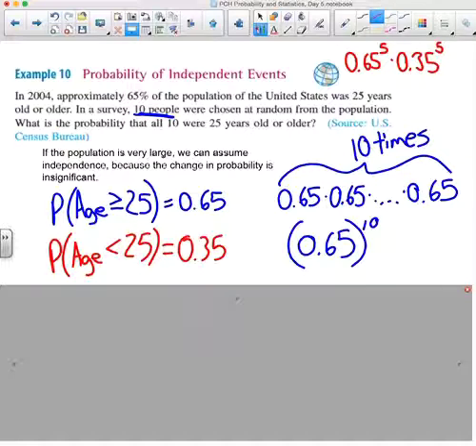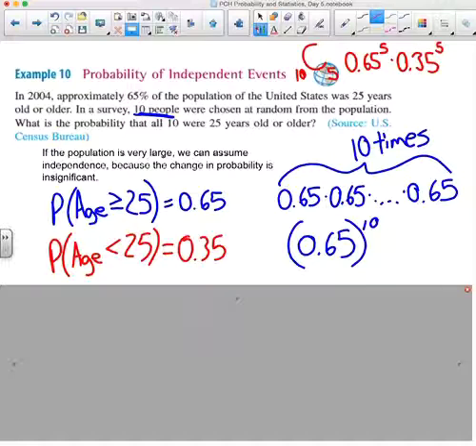Different ways that we could come to that conclusion. All right? So, we actually have a combination with the 10 people, okay? We're actually going to choose 5 of them that are and 5 that are not, okay? What does that look like?